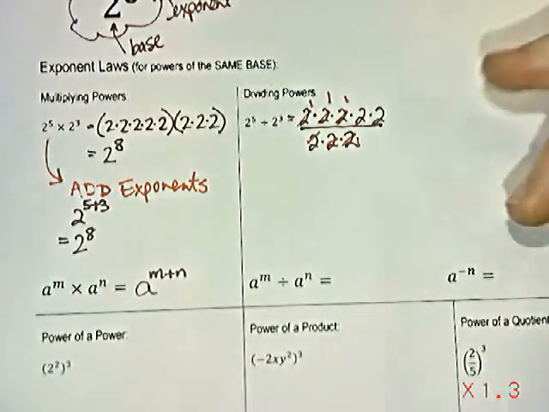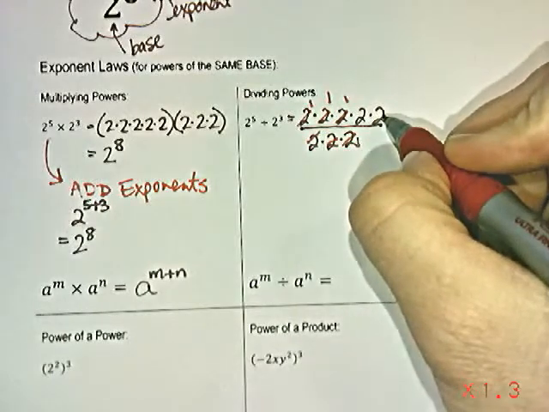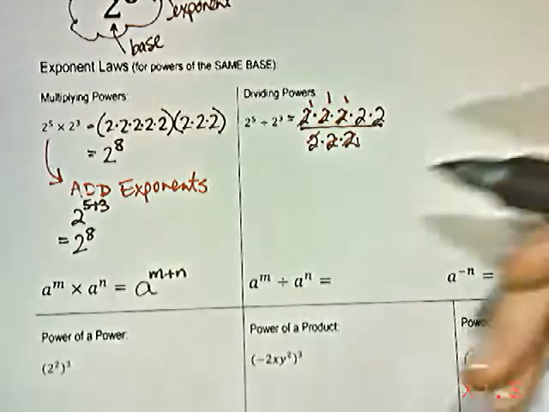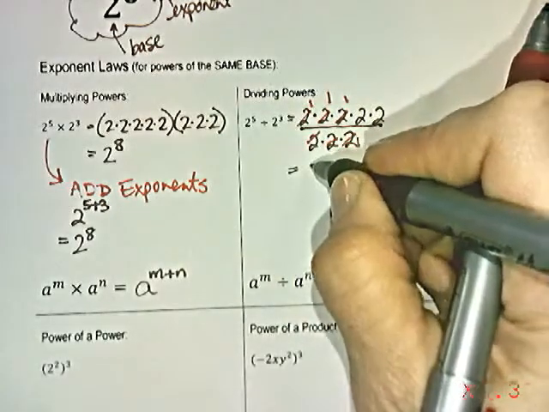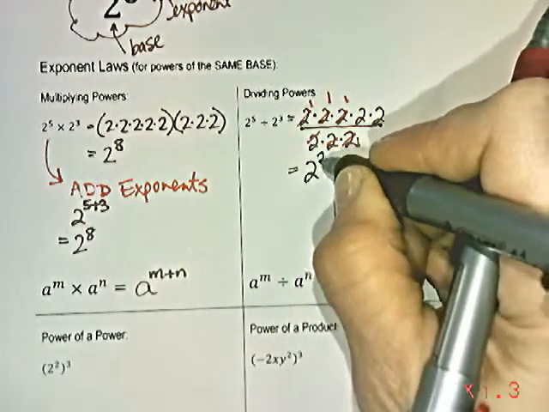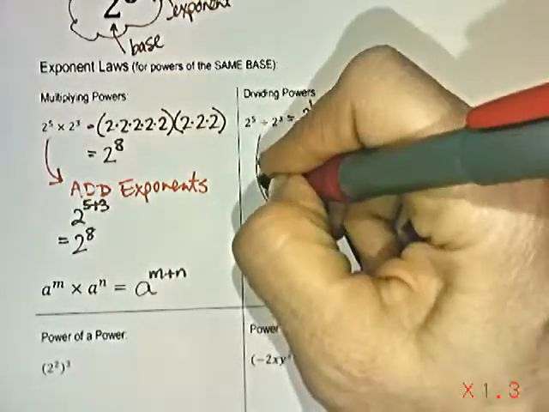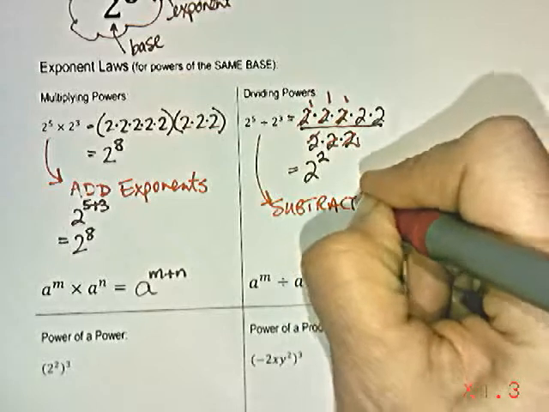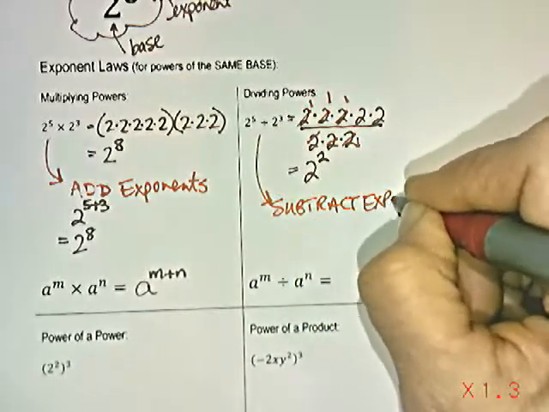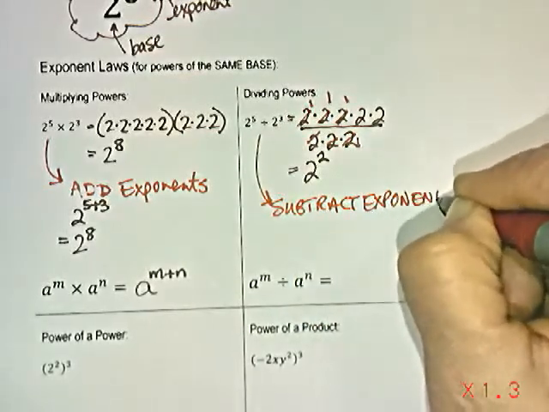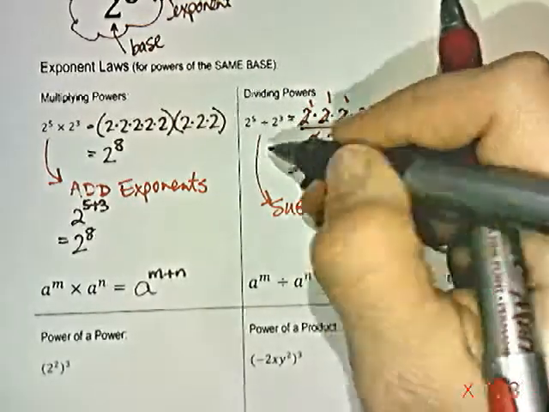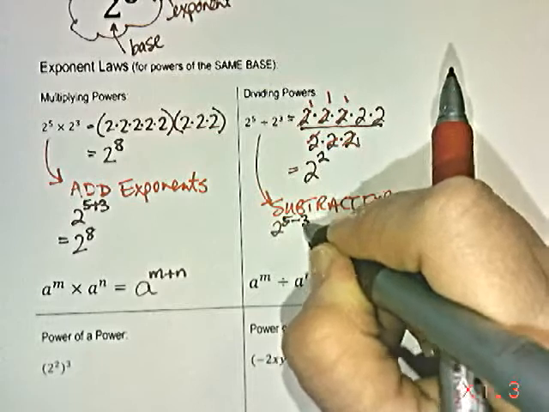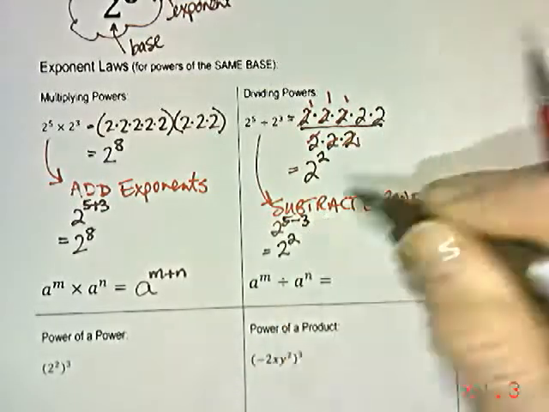And in the numerator, I have a 2 times 2 left. In the denominator, I just have 1 times 1 times 1 left. And so the simplified exponential form, I would have 2 to the exponent 2. And of course, we can show that we get that if we subtract those exponents. Subtracting those exponents will, in this case, get us a 2 to the exponent 5 minus a 3, getting us that 2 to the exponent 2.